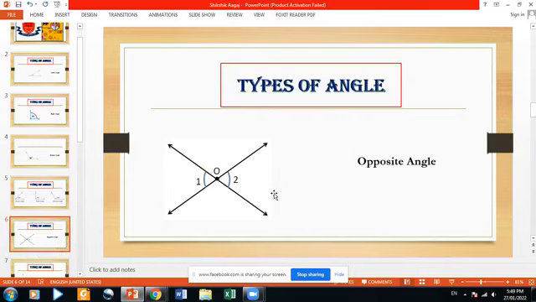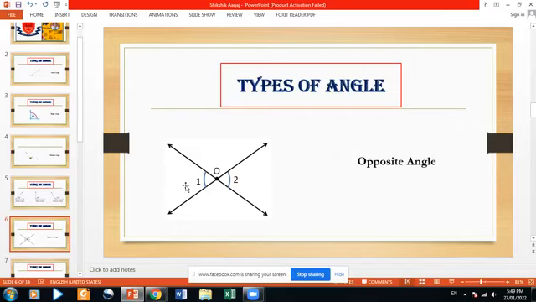Suppose this is line L and this is line M. When two lines are intersecting each other, there is formation of four angles. You can see this is 1, this is 2, this is 3, and this is 4. Remember that when two lines intersect each other, four angles are formed.